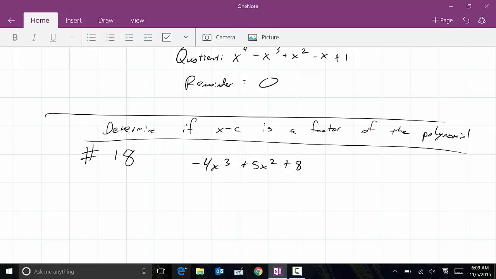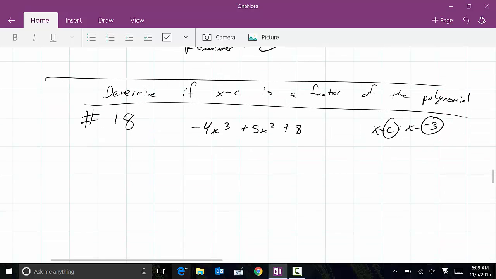And for x minus c, we're given x plus 3. That's the same thing as x minus negative 3, so negative 3 is the c value. So we want to determine if x minus negative 3, in other words x plus 3, is a factor of this polynomial. So let's determine that.